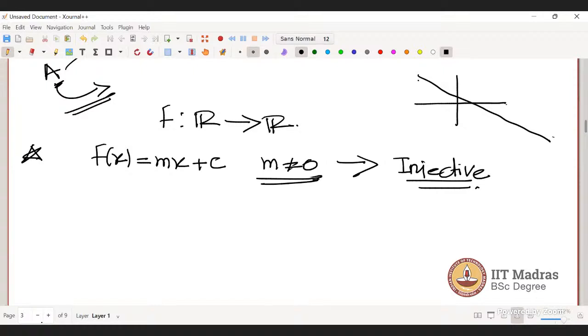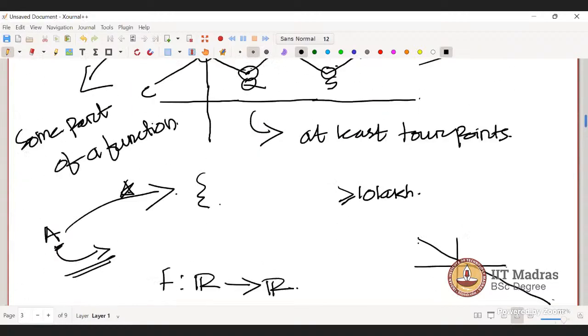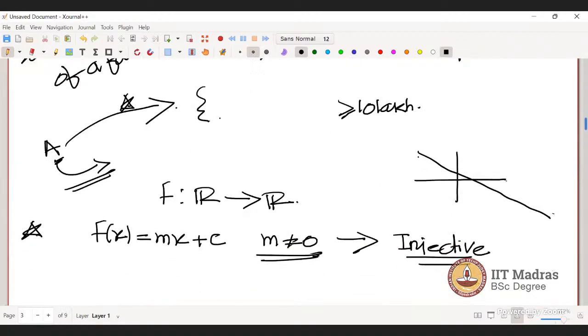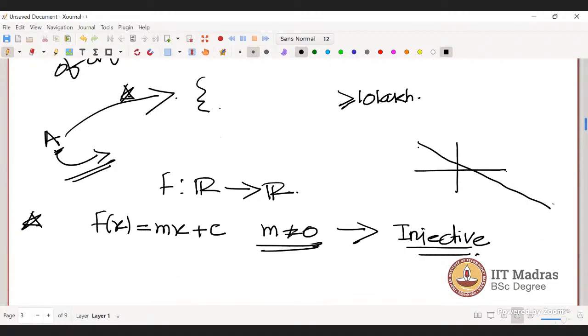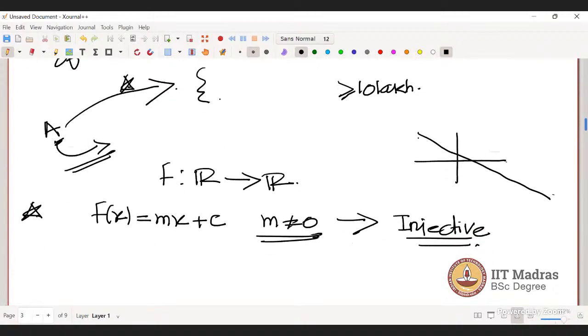This is one function. Just now you explained that for the positive slope linear function, it is injective. The condition is m not equal to 0. If m is equal to 0, then what?